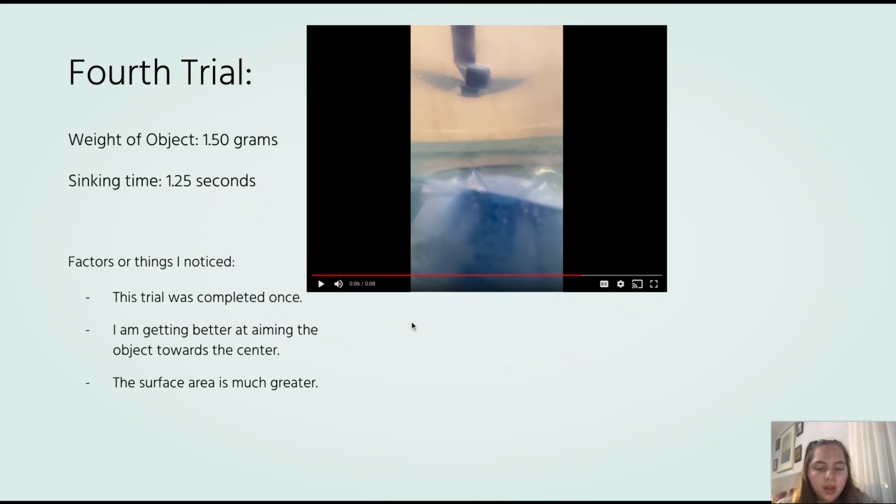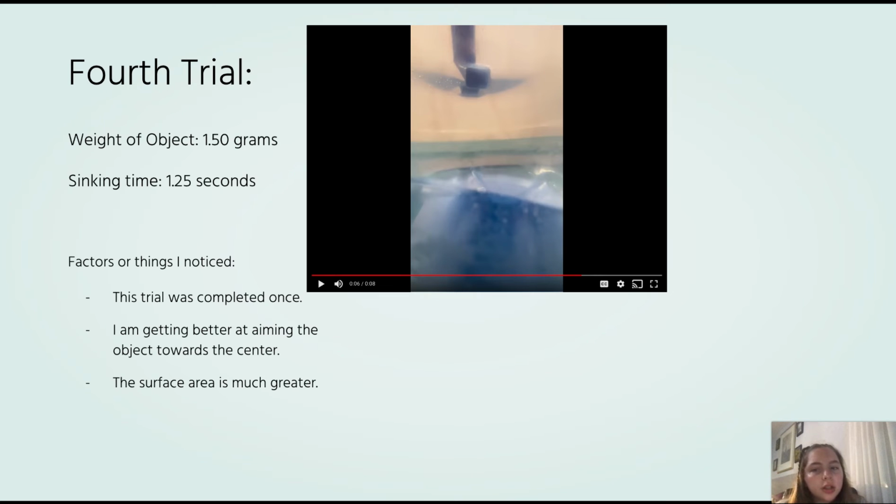Okay. So now the weight of this object is 1.5 grams and the sinking time is 1.25 seconds. So this trial was completed once, and I'm getting better at aiming the object towards the center, which is quite nice for me because I've had to pick them all up.